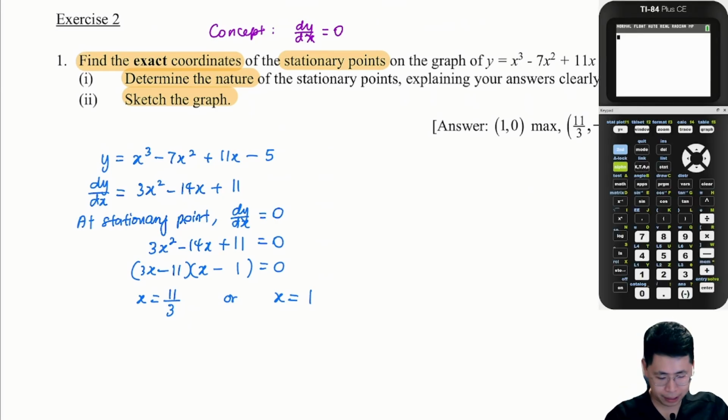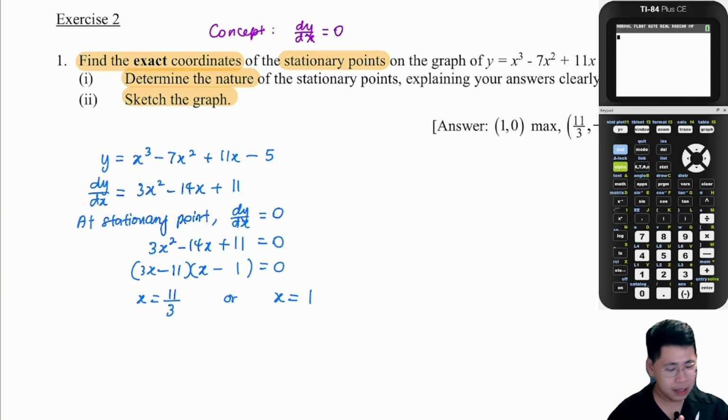Here I pull up my calculator to show you how I am going to do the calculation. First I need to substitute x equals 11 over 3. Instead of typing in the whole bracket, 11 over 3 cubed and so on, I'm going to make use of the smart feature, copy and paste, and the history, so that I can get the answer that I want.